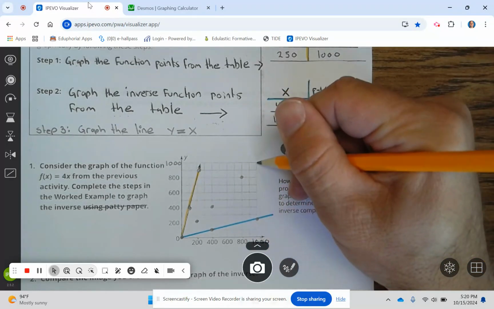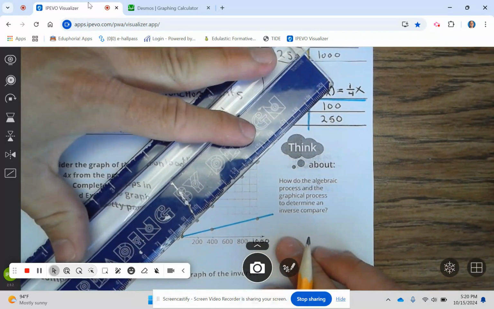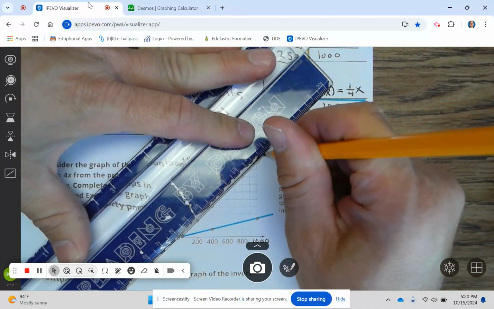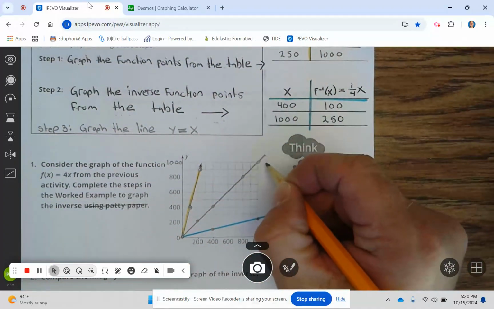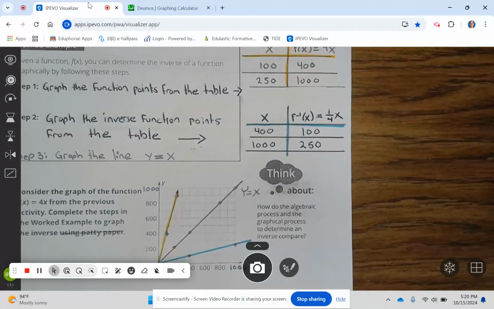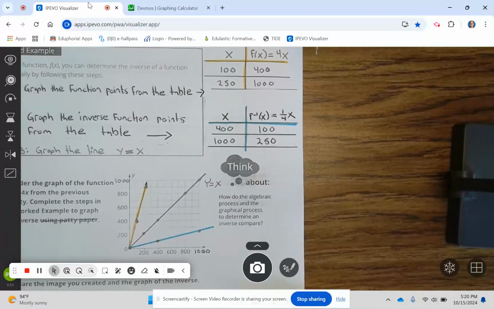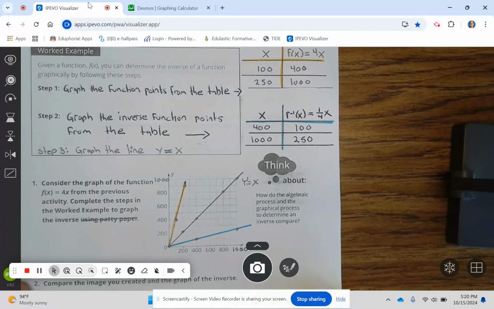And if x is 1,000, y is 1,000. Okay, so this is y equals x. All right, go ahead and finish that up.